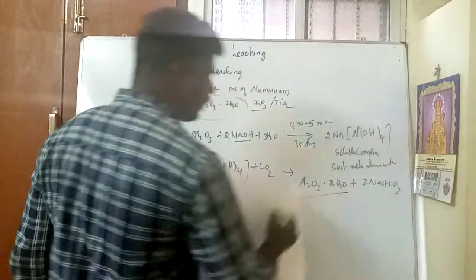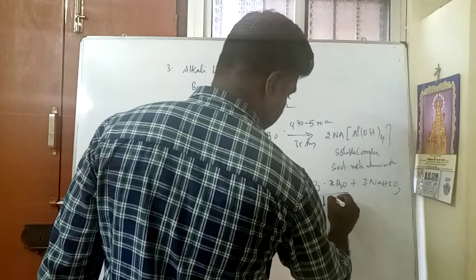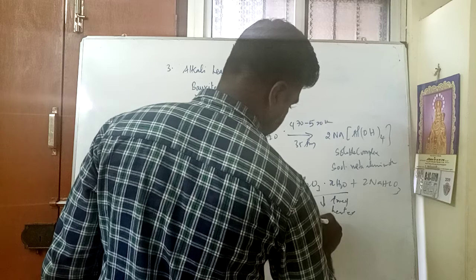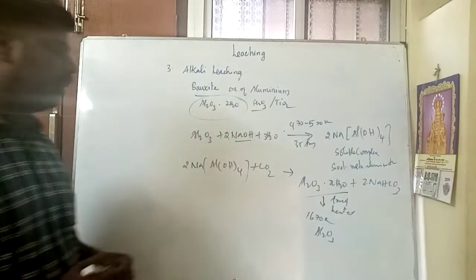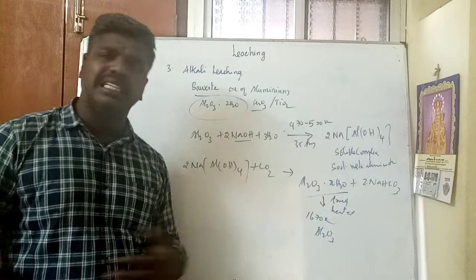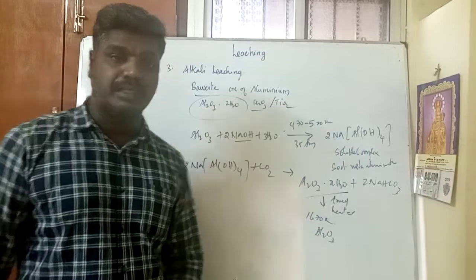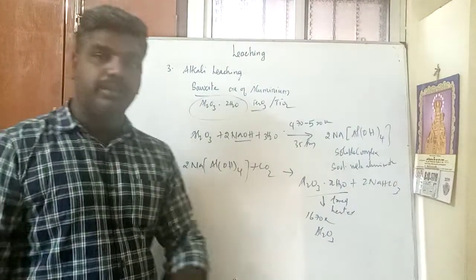This is filtered, dried and heated up to 1673 Kelvin. We get Al2O3. From that you can easily get aluminium by the reduction process, removal of oxygen with a suitable reducing agent.